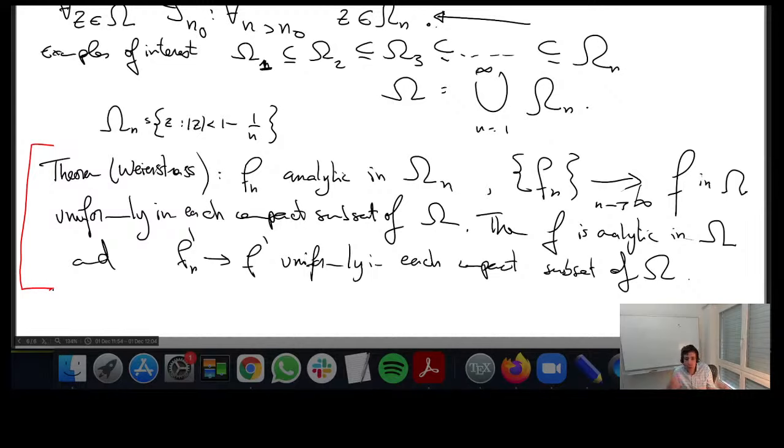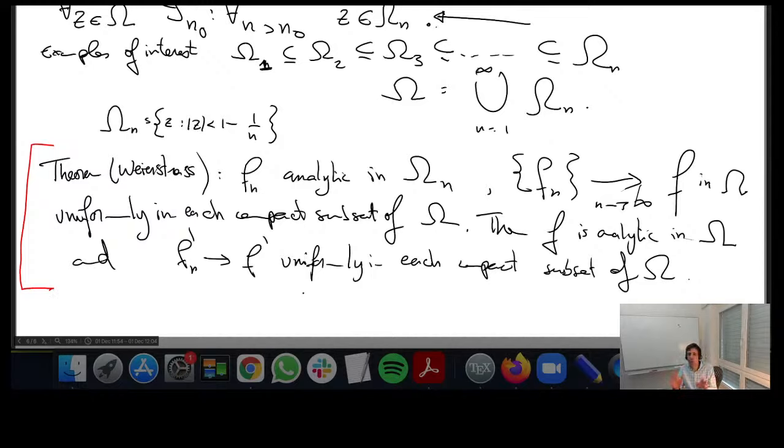But all the curves can always be contained inside a compact set inside omega. So you can make all the reasoning about integrals over curves inside a compact set. And if things converge uniformly, then everything in the integral will be okay. So you get everything you want just from this. And proving uniform convergence on compact sets will be very easy. So this is the right trade-off between generality and easiness to check.